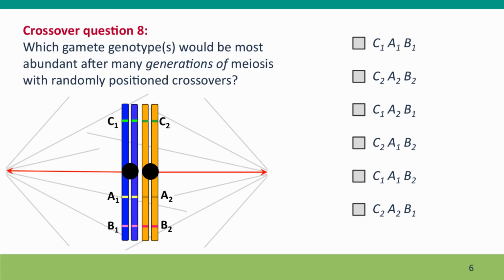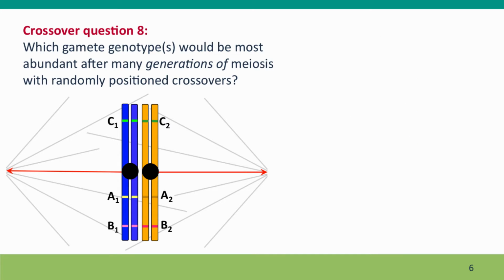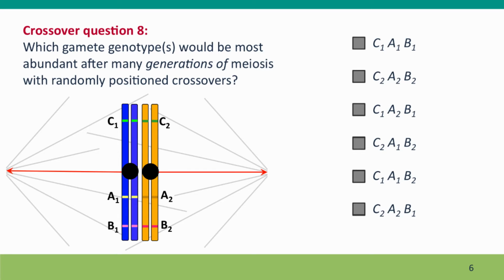Which gamete genotypes would be most abundant after many generations of meiosis in many individuals with randomly positioned crossovers? The answer is all combinations are equally likely after many generations of crossovers, and that's because the primary consequence of crossovers is that they're gradually randomizing the combinations of alleles.